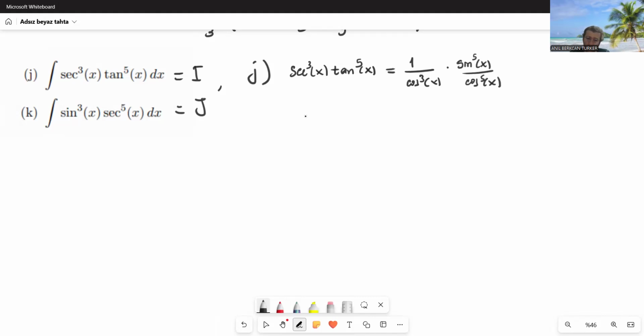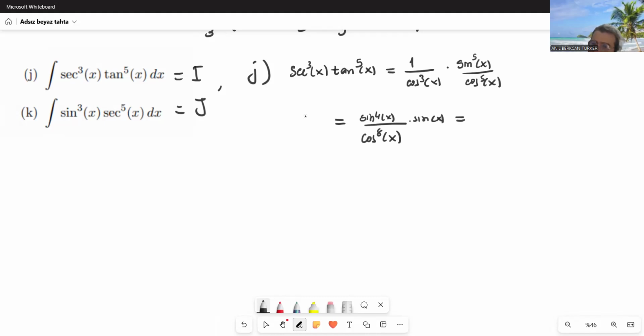Did it help? I'm not sure. Mm, it actually helped. Okay, there are two methods, I guess. In this form, I can also rewrite this as sine 4x over cosine 8x dot sine x.